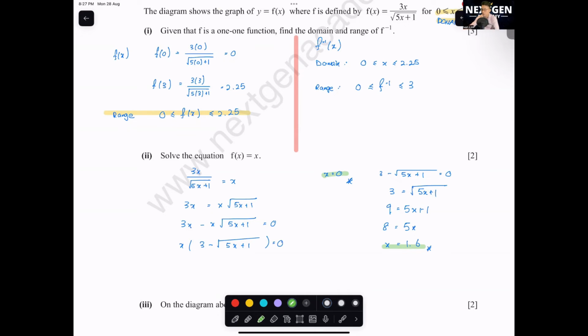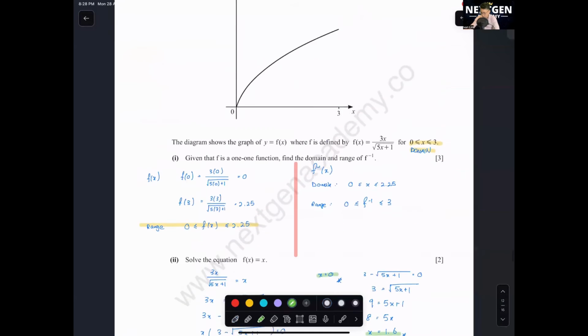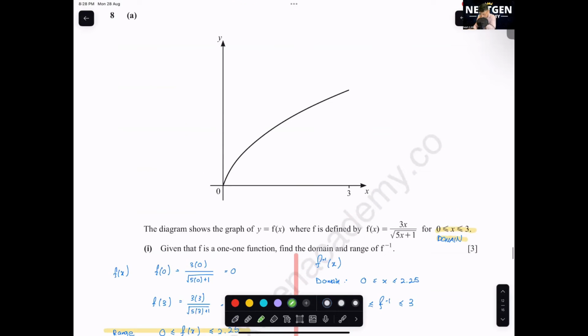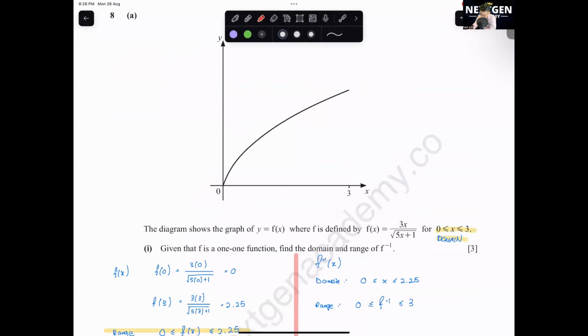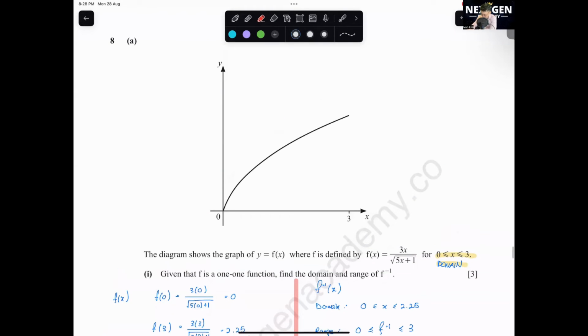Then they say on the diagram above, sketch the graph of y equals f inverse x. f inverse x is just a reflection on the y equals x line. You can just draw the y equals x line first, like this.